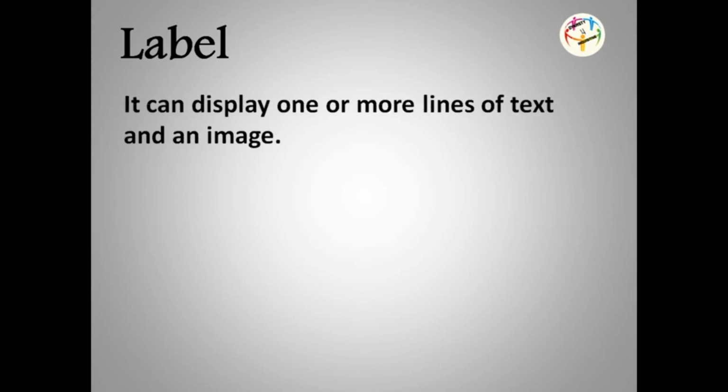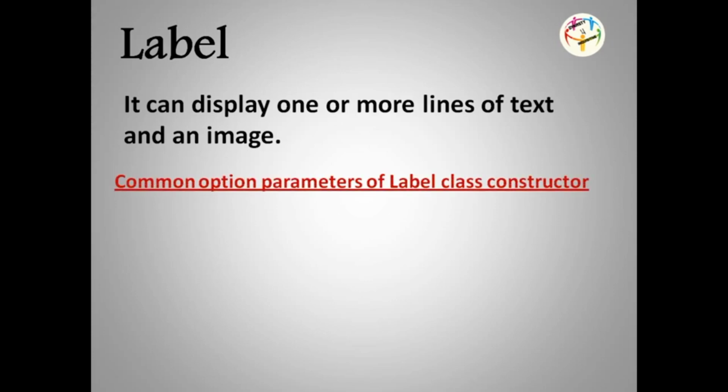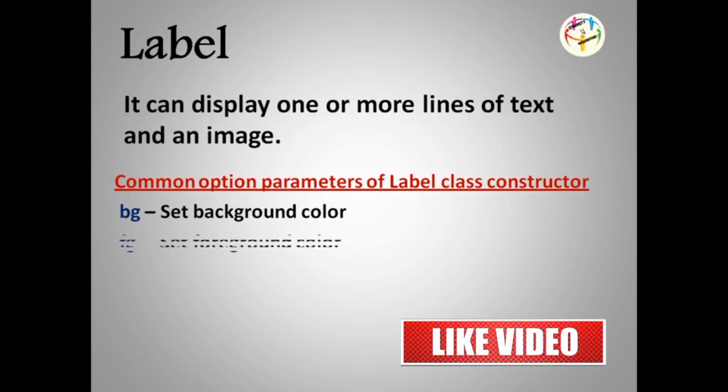Now second widget, that is label. So what is the purpose of label? Label means basically it can display one or more lines of text, and it is also used to display any image. So there are also some parameters that we can specify in the label class constructor while declaring an instance, and those parameters are: Number one, BG means background color, we can set this.